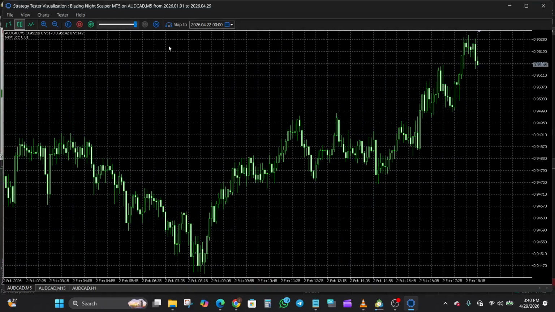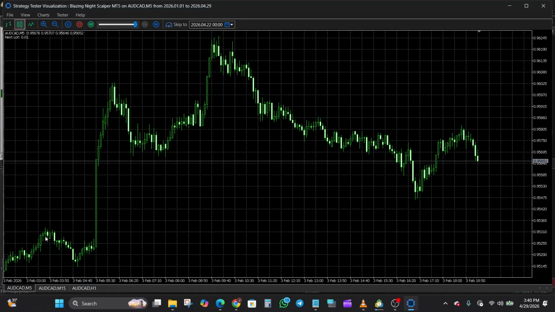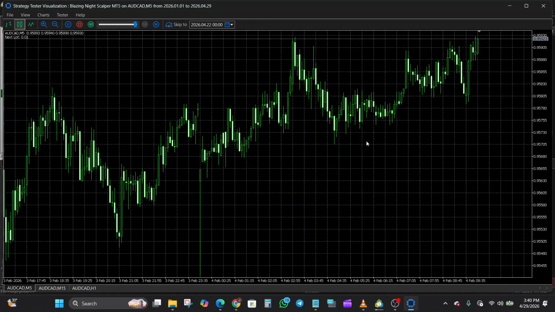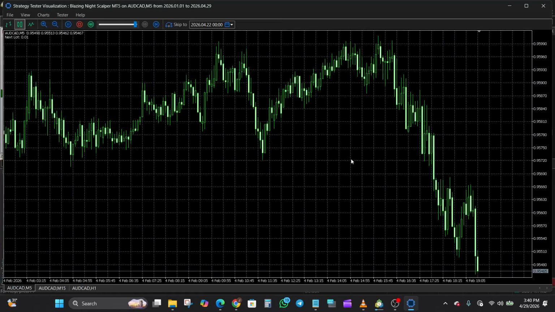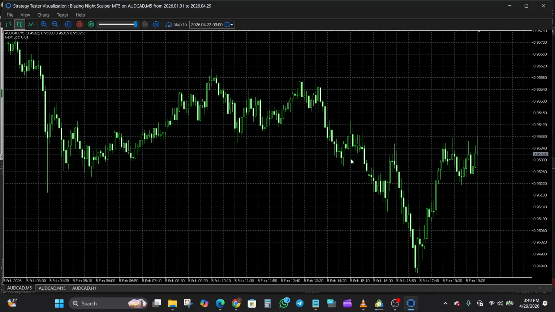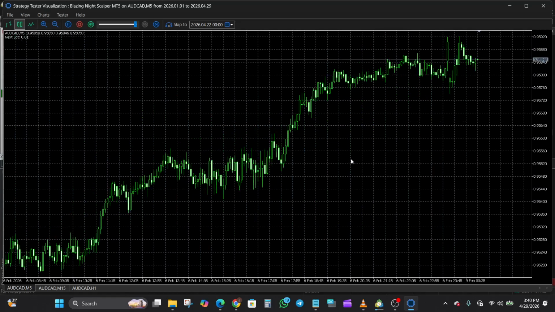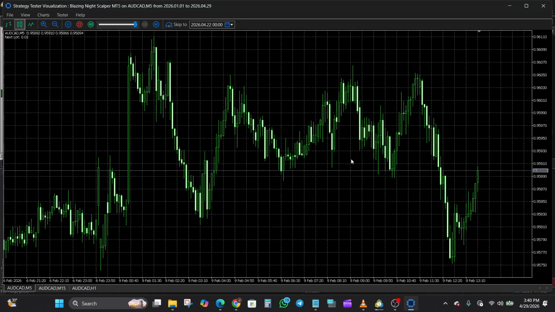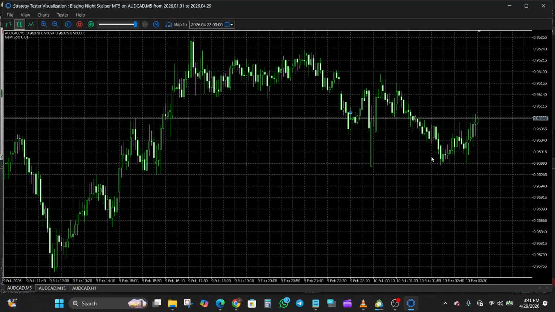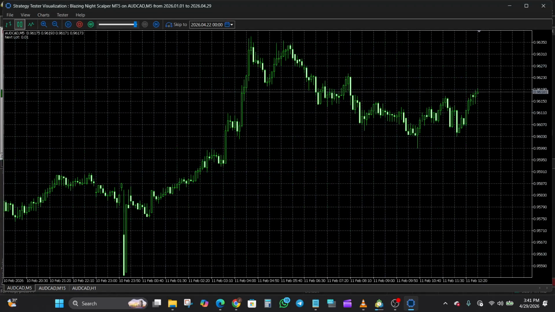So we're just going to be skipping to the end. We can see that trade has already started to be executed. Actually, we are expecting few trades because of the strategy that the EA is using. It's a night scalping strategy, and it looks for good opportunities in the market. You can see that the EA is not in a haste to execute trade, just few trades executed so far.